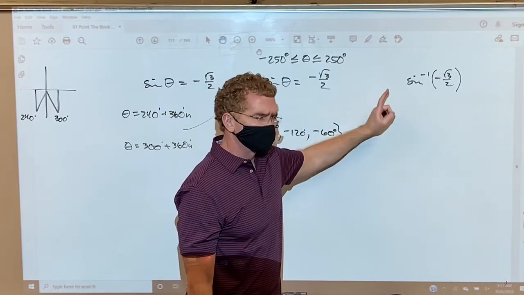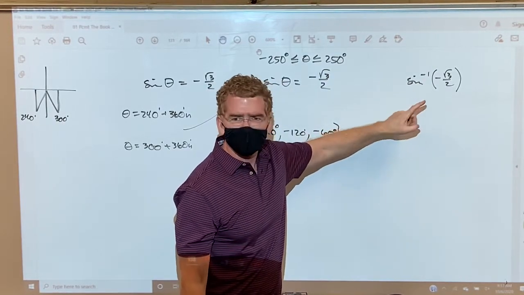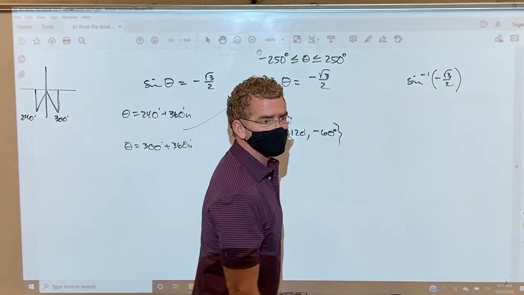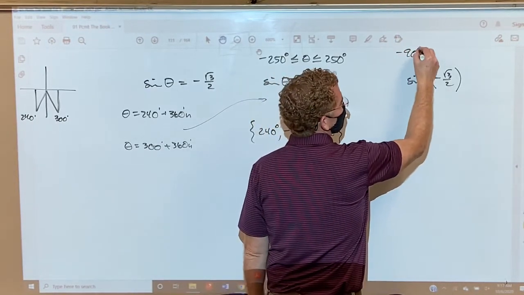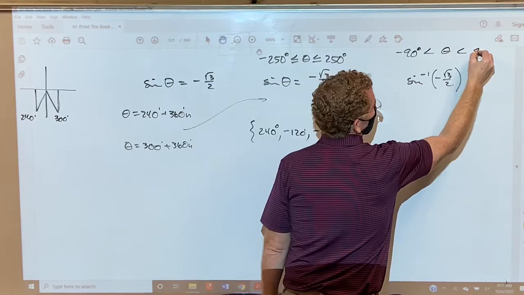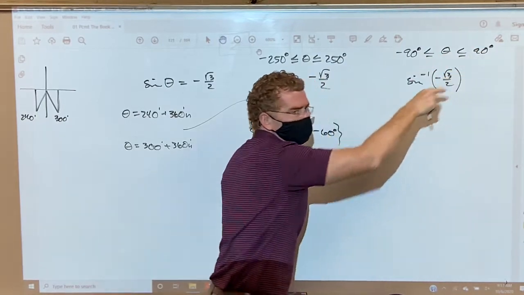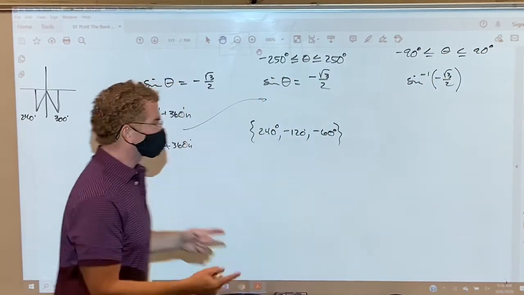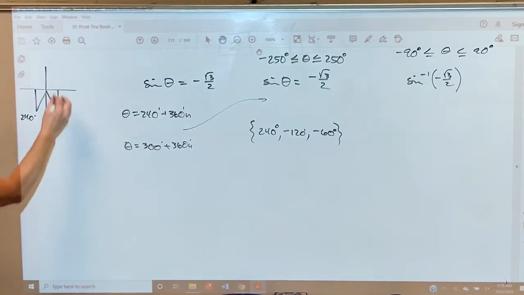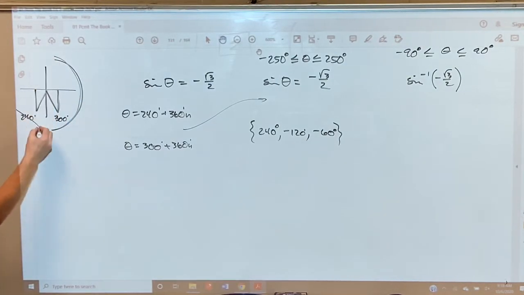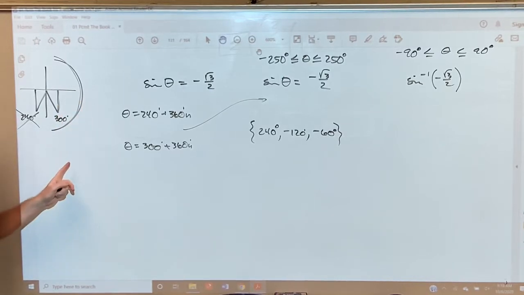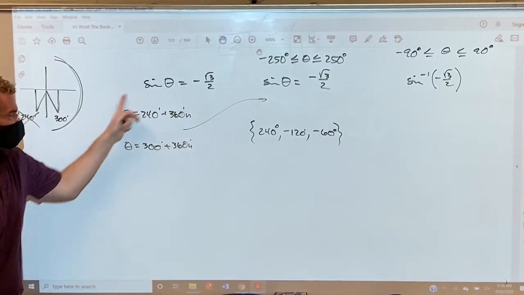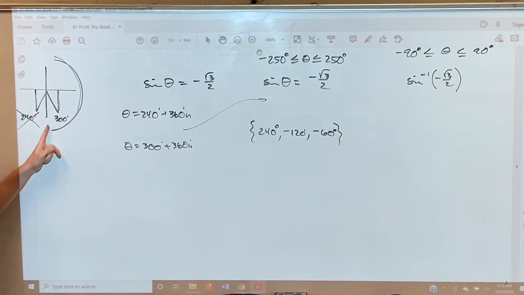This has a built-in limit of what? Negative 90 to 90. So even though you don't see that, it's built in. You're still thinking the same way, right? But here's negative 90 to 90. So clearly that's out. But is 300 between negative 90 and 90? Are there any angles from this that could be between negative 90 and 90?